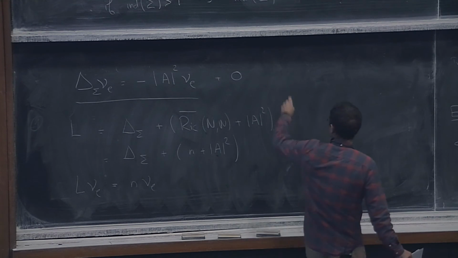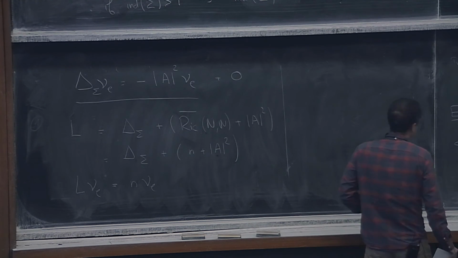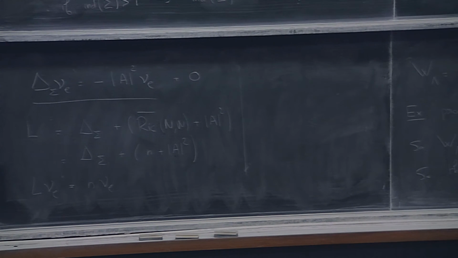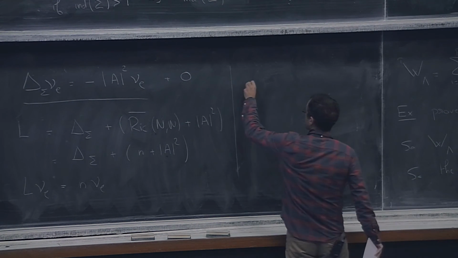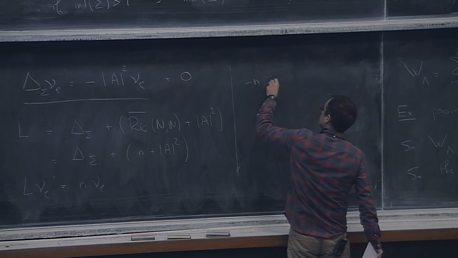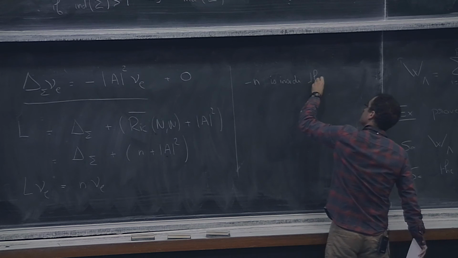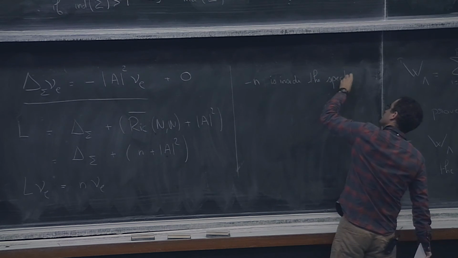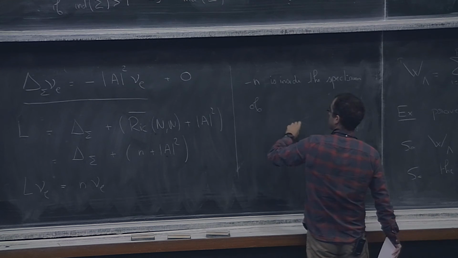And in fact, it's not exactly n, because you have to put a sign in order to consider the stability operator. And what you see is that minus n is inside the spectrum of minus L.